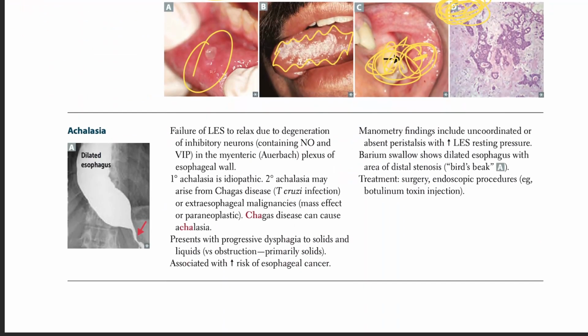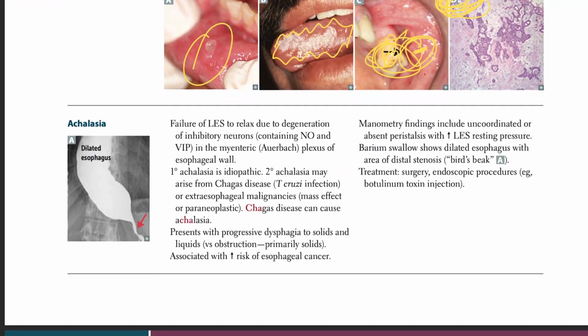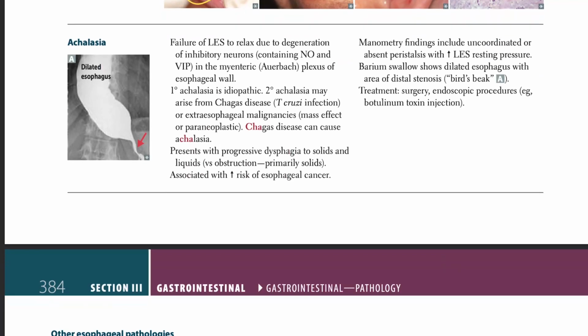Okay, moving on to a really good pathology: achalasia. You have failure of the LES to relax. When the LES is not relaxing, you have an increase in LES pressure.